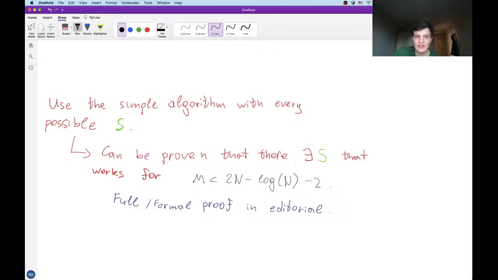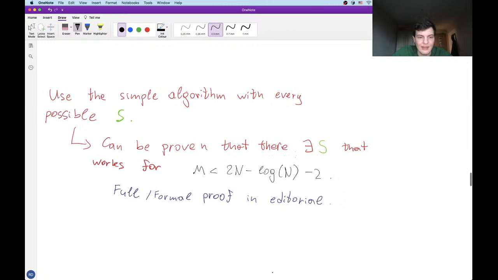But in general, the algorithm is pretty much this. You just choose every possible vertex to be the initial lonely one, and you just run the naive procedure. And then you just check whether one of them satisfies the constraint for M and the whole list of flips.